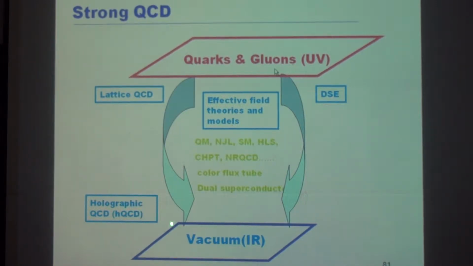And of course, this field is quite new, comparing with this field. I think this started from the 1960s or 1970s, and this one just started from 2005, I would say.